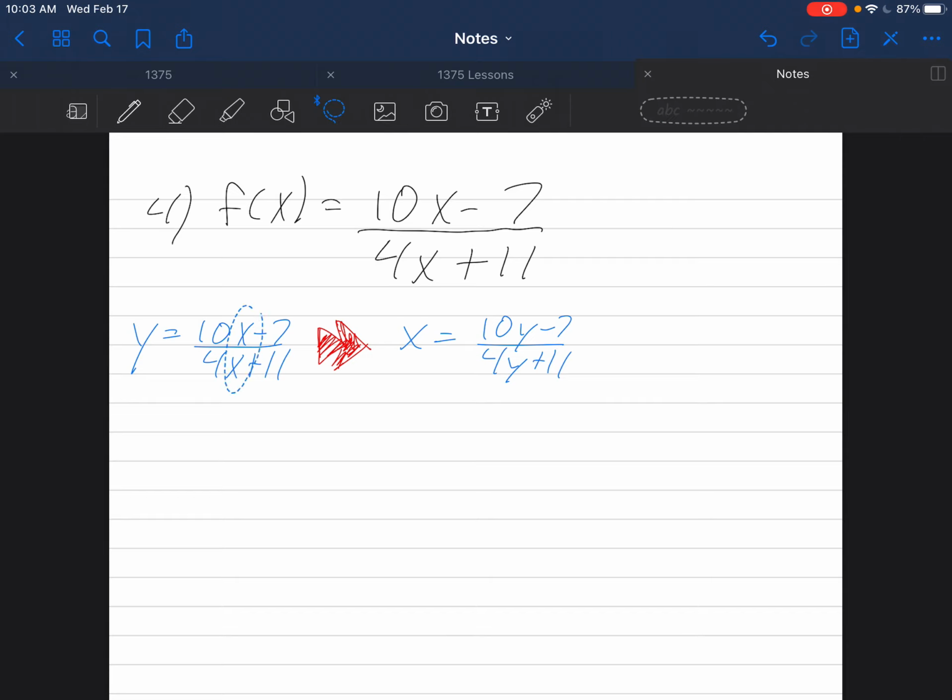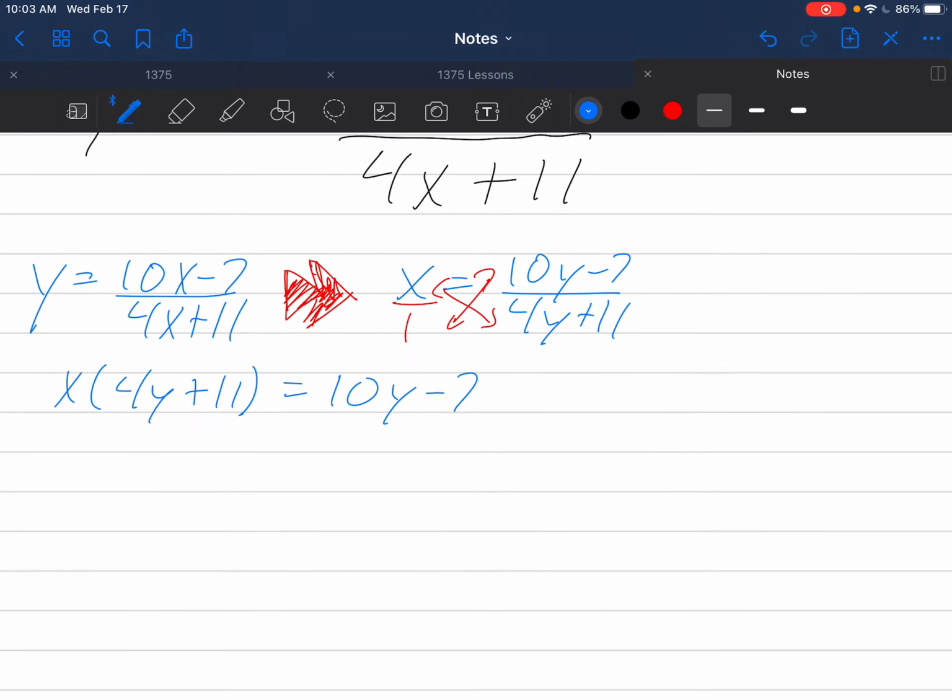Notice that we had two x values here, which means both of these x values got replaced with a y variable. And now that this is a proportion, once again, we can cross multiply to get x times 4y plus 11 equals 10y minus 7.